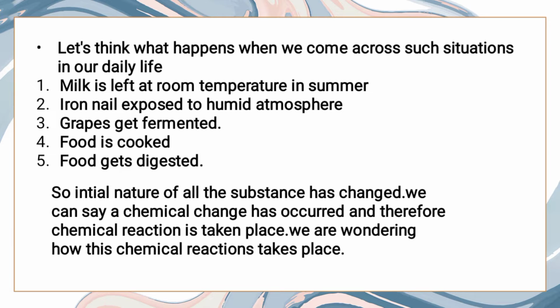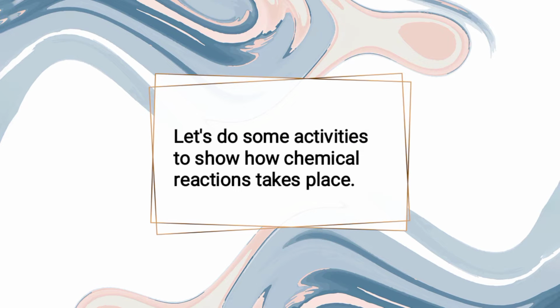So we are wondering how this chemical reaction takes place. How might this chemical reaction take place? Why is this milk getting curdled? Why is this iron nail getting rusted? All these things come to your mind, how this chemical reaction takes place. So let us study how a chemical reaction takes place.